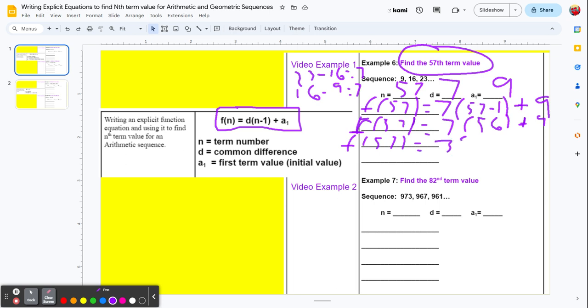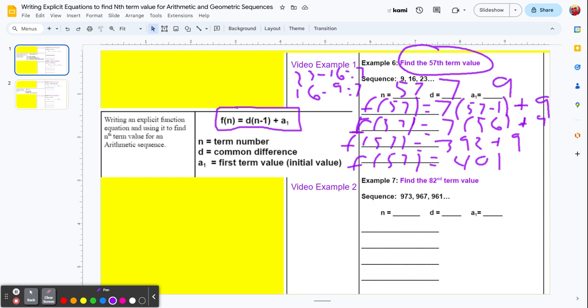So it's 392 plus 9. Now the final step: f of 57 equals 392 plus 9 is 401. So the 57th term value in this sequence is 401.